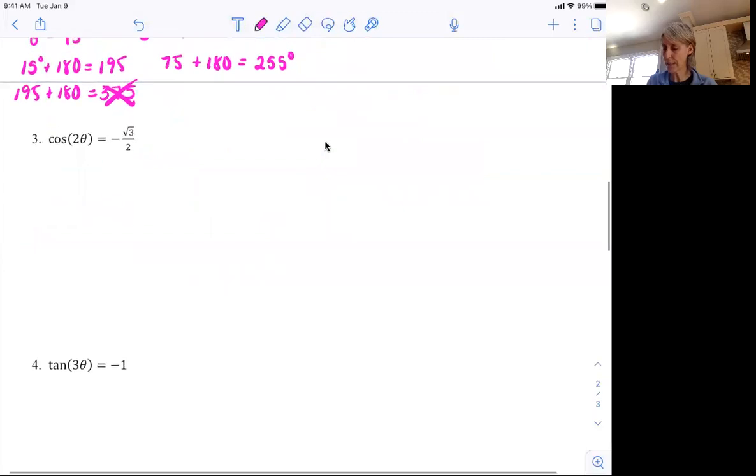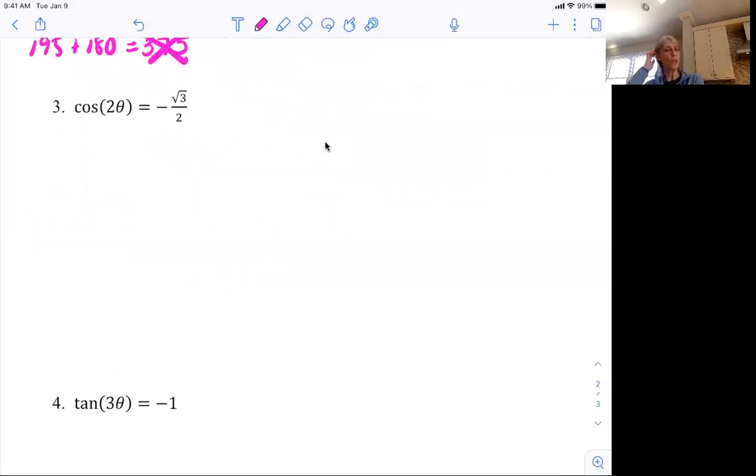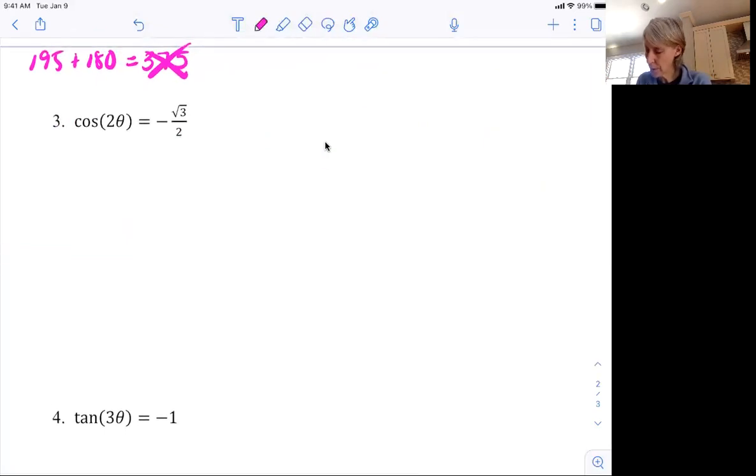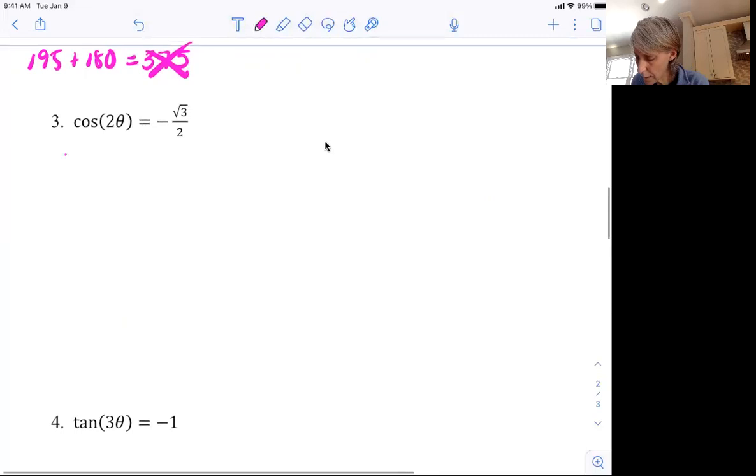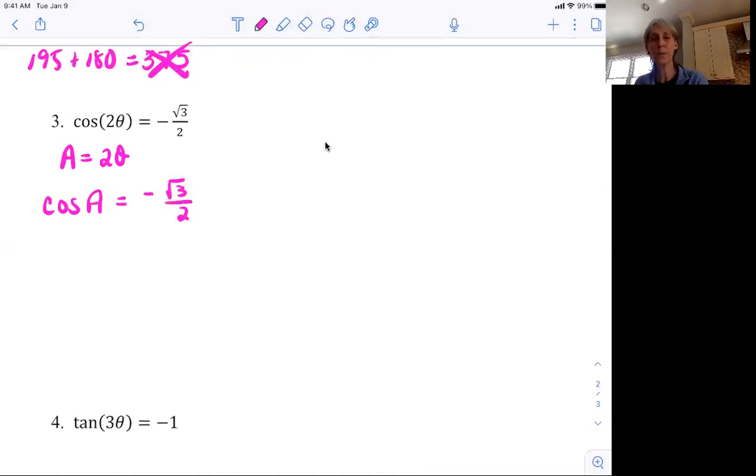Let's try to perfect this method. So I have cosine of 2 theta equals negative radical 3 over 2. Again, I could rewrite it, and this one you can actually solve, but let's use the method that we just did. So we're going to replace 2 theta with A. So cosine A equals negative radical 3 over 2.